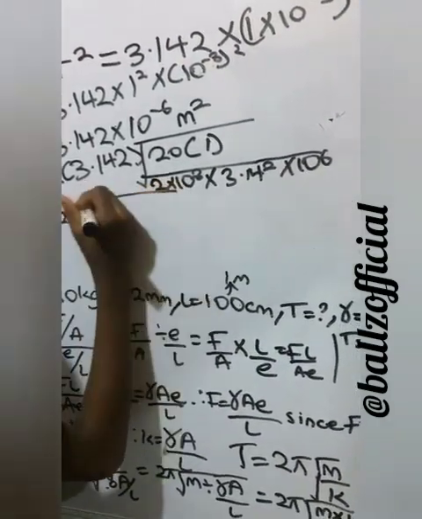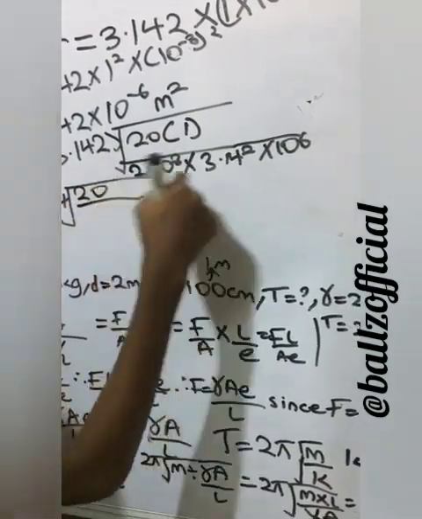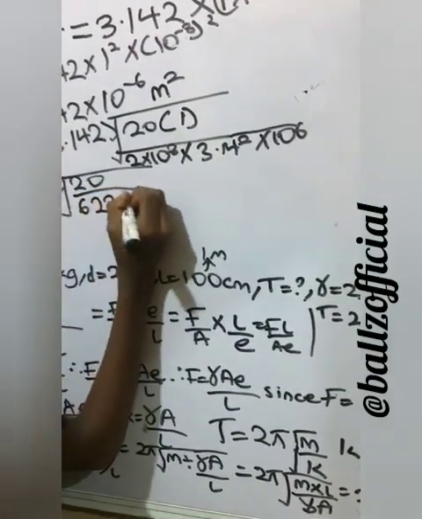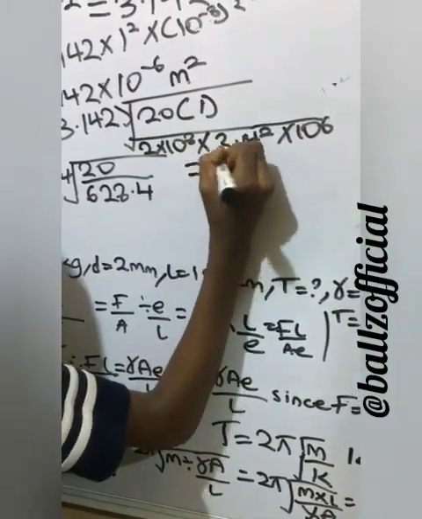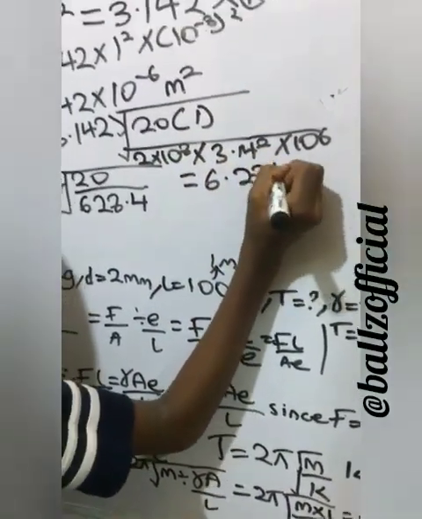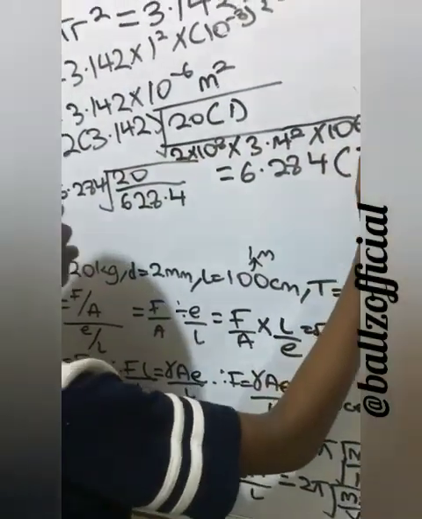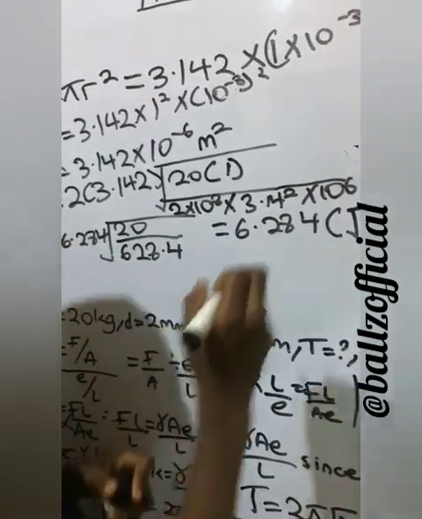6.284 root 20 times 1, 20 all over. If you multiply all these things, you get 628.4. That will be 6.284 times root 20 all over 628.4, which is 0.18.